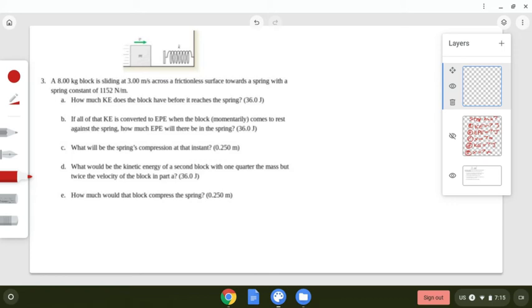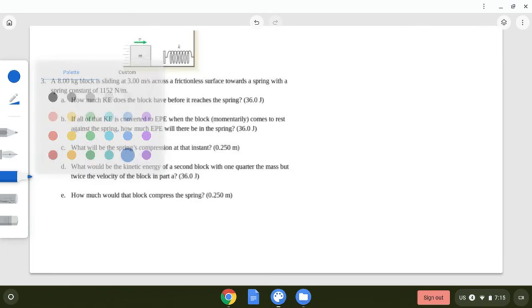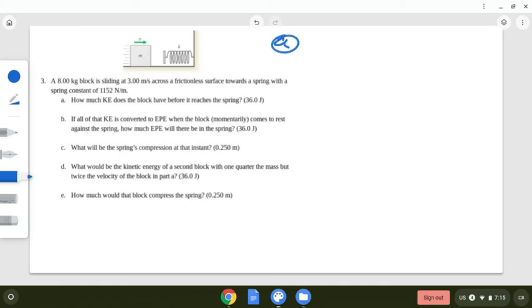So let's see, how are we going to do part A? How much kinetic energy does the block have before it reaches the spring? So A, KE equals 1/2 m v squared. We know the mass, we know the velocity, so this shouldn't be that hard to do.